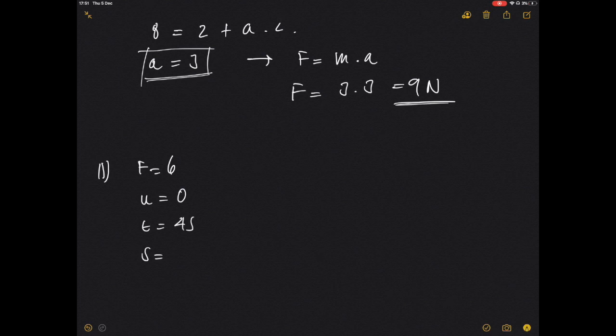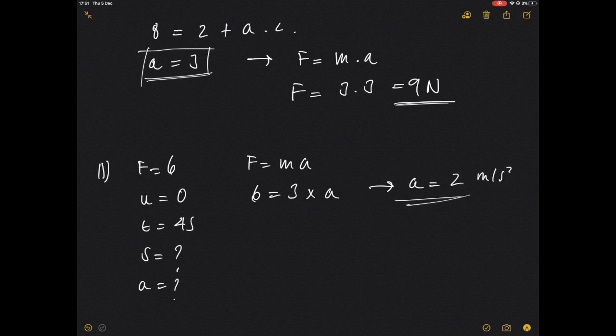We actually want s this time, and we're not bothered about v. At some point, we're going to have to work out what our acceleration is. So we know F equals ma. So we can say 6 equals our mass, which is 3, times a. Therefore, a equals 2 meters per second squared.